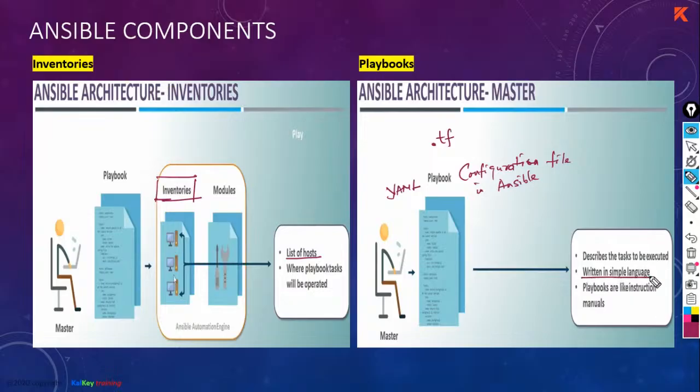Written in a very simple language, playbooks are like instruction manuals. So you are declaring what you want. Declaring what? And this what is the most important thing. What you want, what you desire. So that means you declare. You do not need to do modular programming. No need. That will be done by the imperative or procedural guys who are developers.